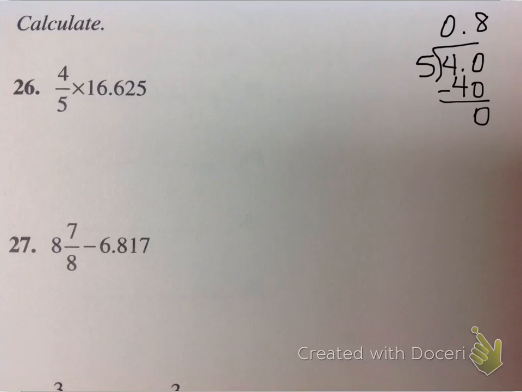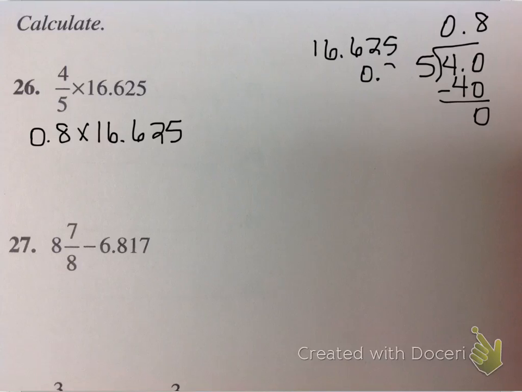So this is actually a pretty easy division for me. So now my new problem is 0.8 times 16.625. So now I'm going to do that computation. 16.625 times 0.8.